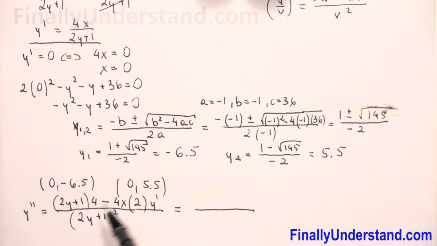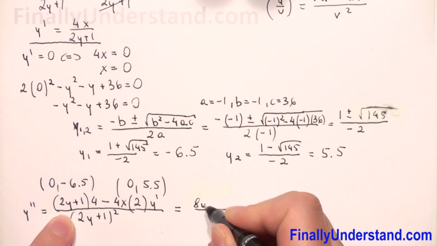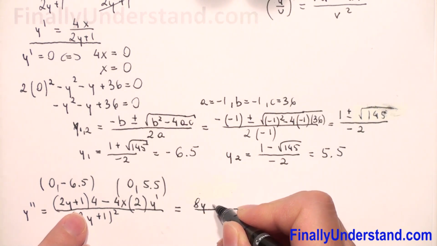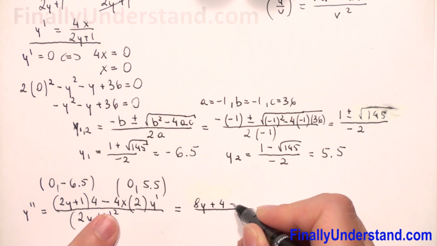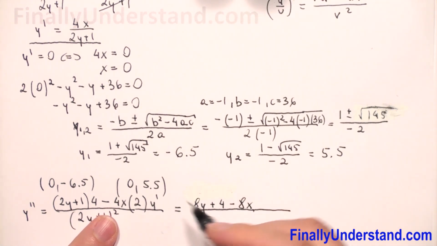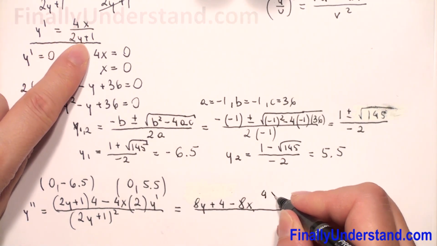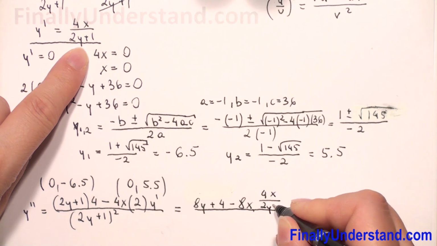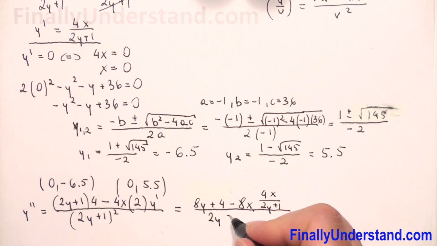So we have multiplication: 2y times 4 is 8y plus 1 times 4 is 4, minus 8x times y prime. So we just replace y prime by 4x over 2y plus 1, everything over 2y plus 1 to the second power.